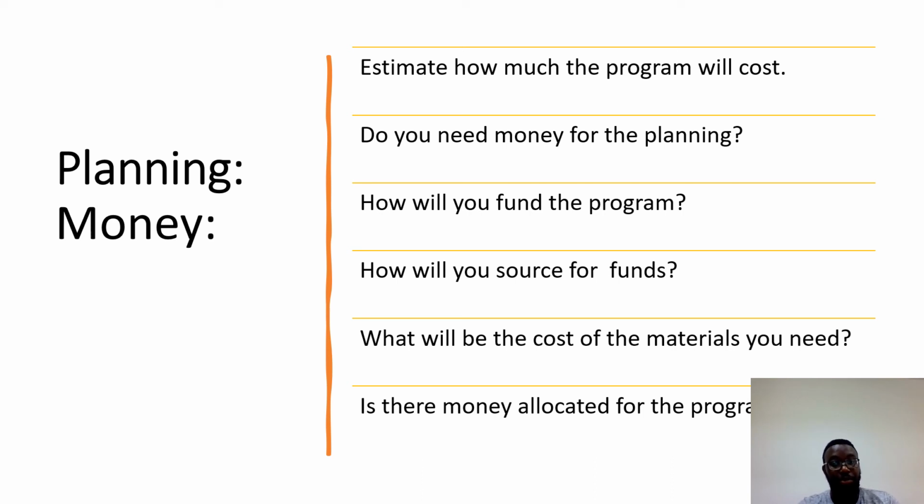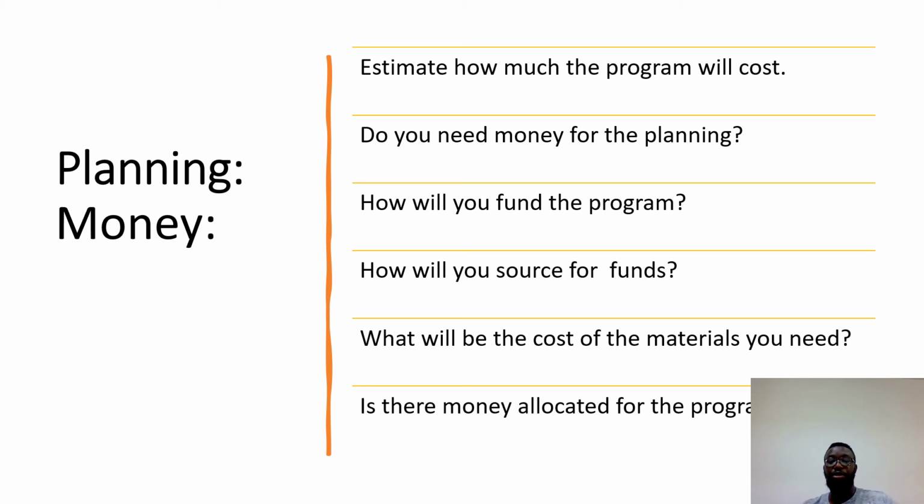I doubt it, but if that is the case, good luck. If it is not, then you think about how much money you need. How will you fund your program? You've planned a very good program, but how are you going to fund it?